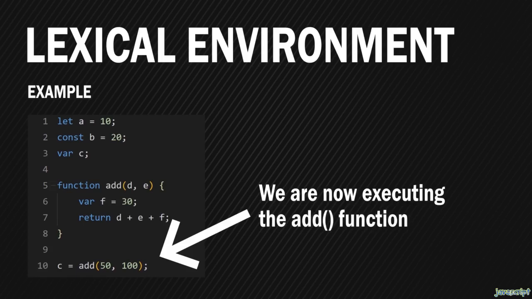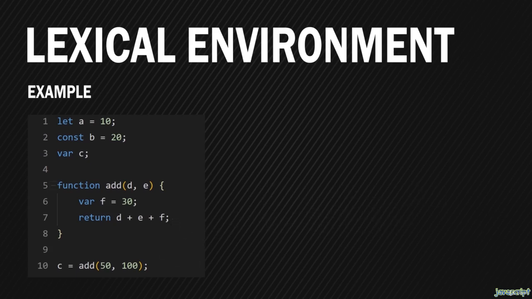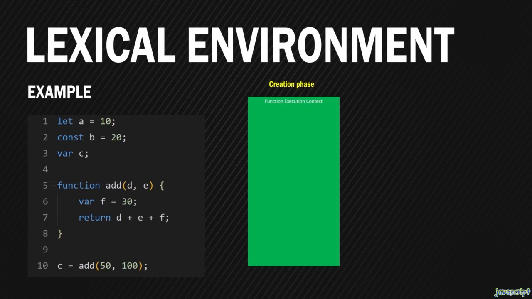Well, remember what we said, that there are two types of execution context. The first was a global one, and that's done automatically when we write code, and we just saw that now. But now we've executed a function. So what's the second type of execution context? Yes, a functional execution context. And this will be at the top of the stack.